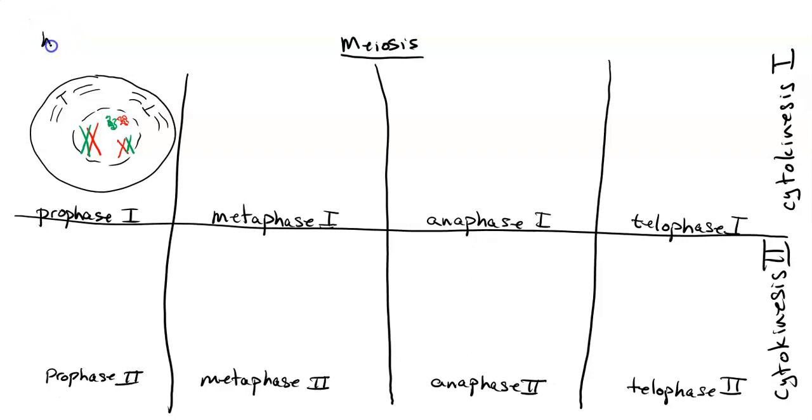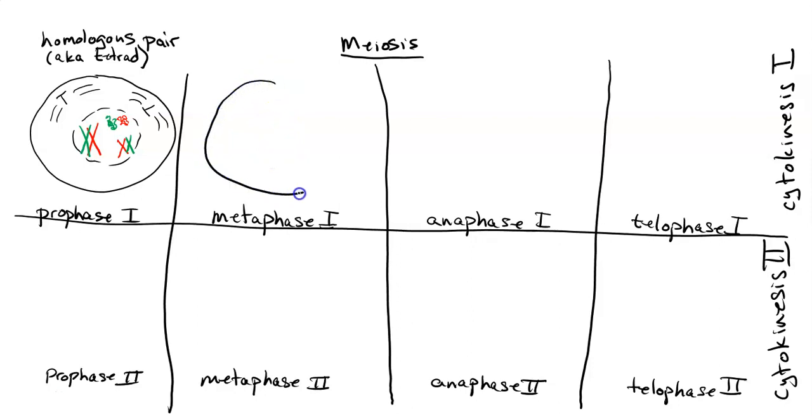So this is a homologous pair, also known as a tetrad. The reason why it's also known as a tetrad is you can see there are 4 sister chromatids in this homologous pair. Tetra stands for 4. That's why this is called a tetrad.